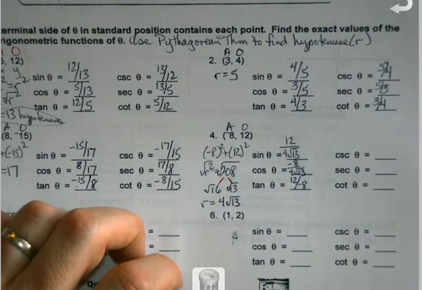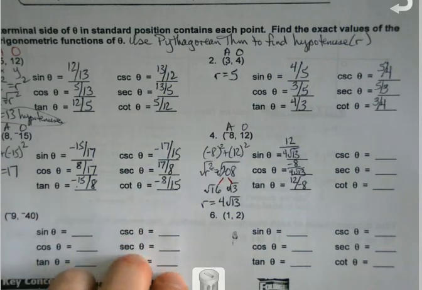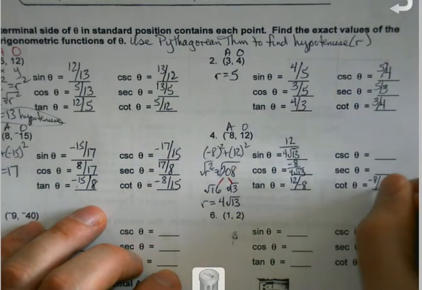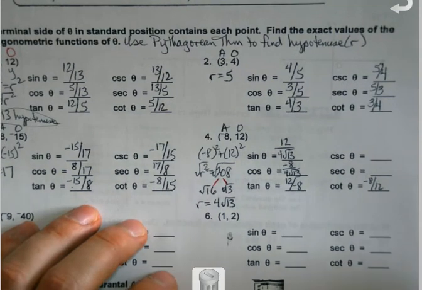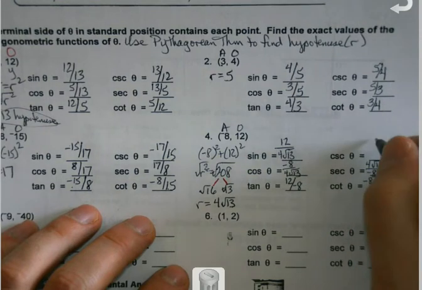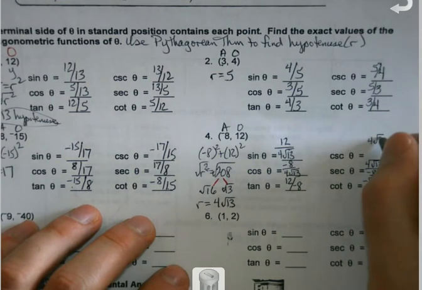But here's what I would do, and some of you may think this is strange at first, but that's okay. I would go ahead and write down my reciprocal fractions immediately. And I will explain why, and it will become a little more clear here momentarily.